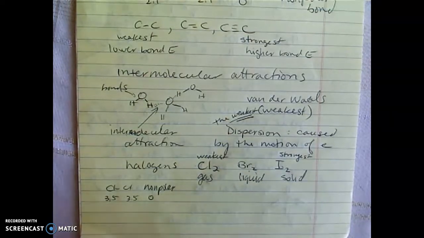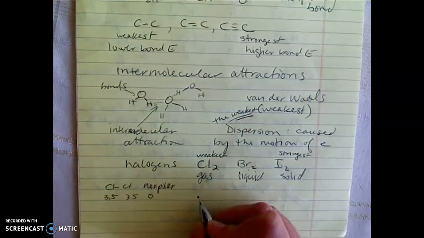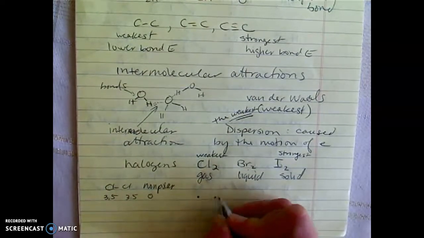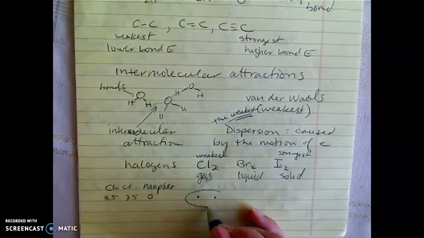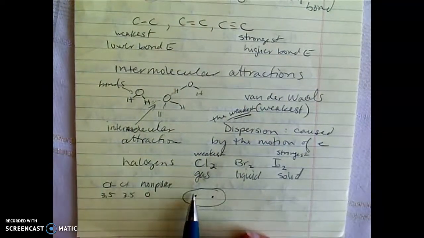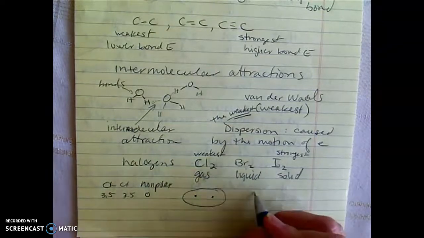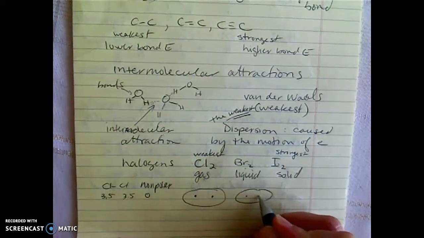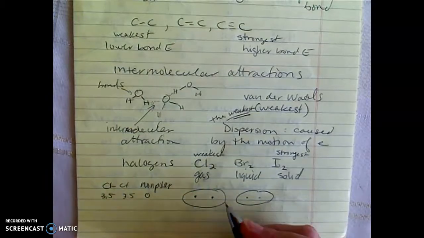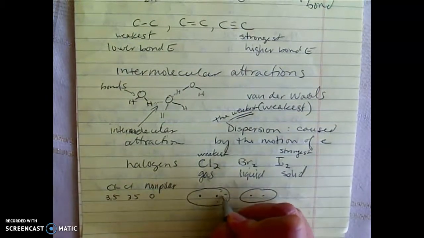If you take a closer look at how these come together, they do share equally. So let's say that's a nucleus and that's a nucleus. Because they share equally, they kind of have this cloud around them. But electrons are moving in the outer level. And so when you get two of these close together, as they are moving, there's a possibility that at some point you might have more electrons on this end.